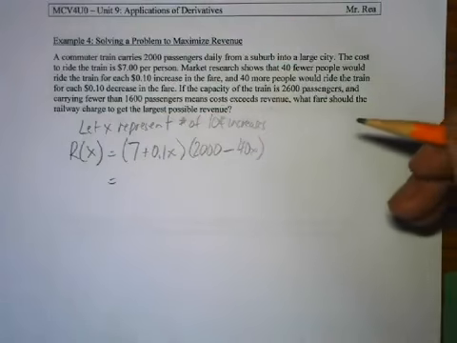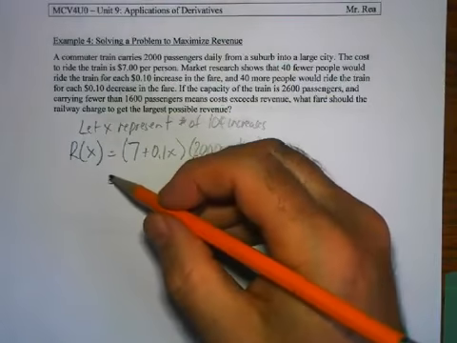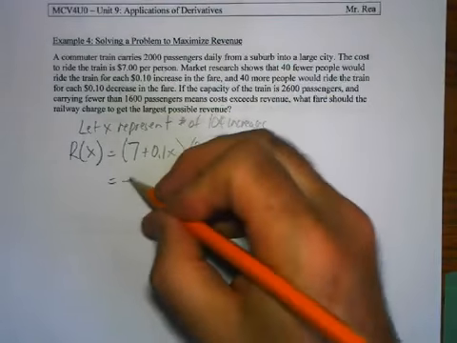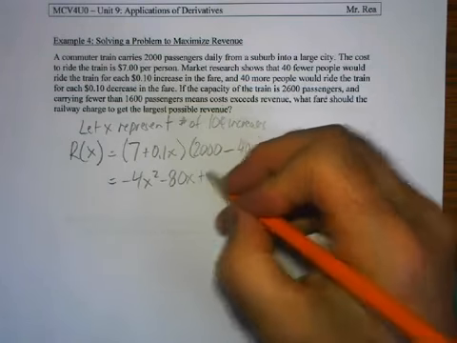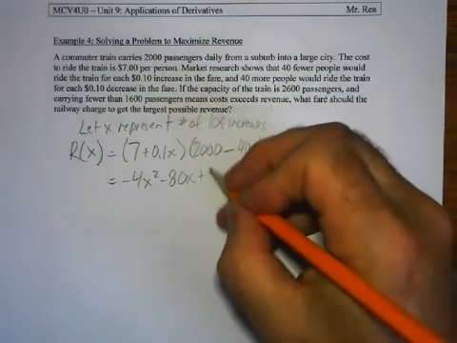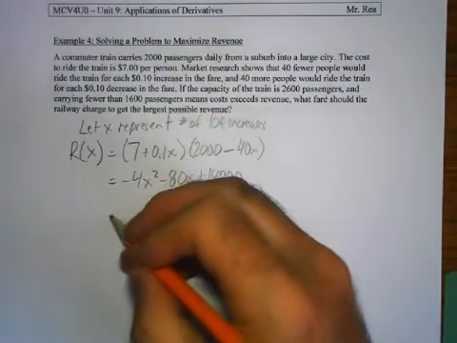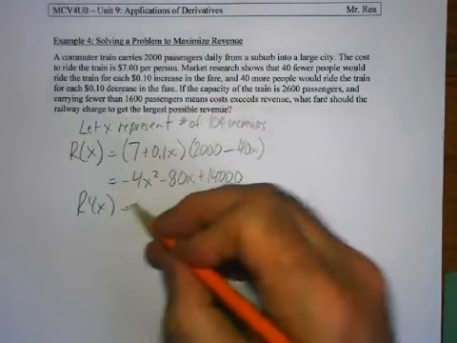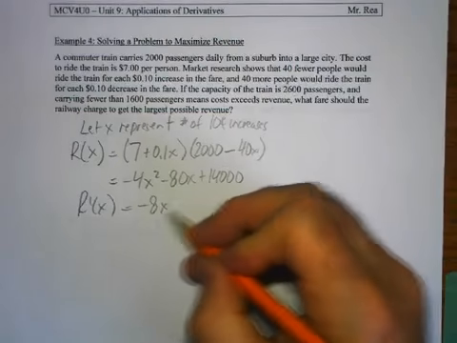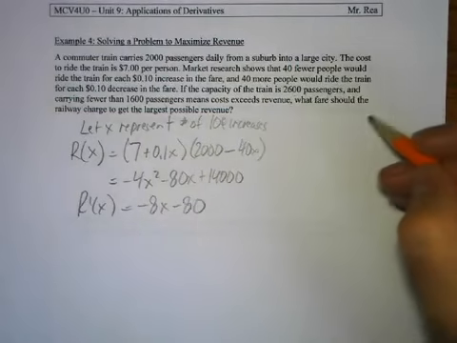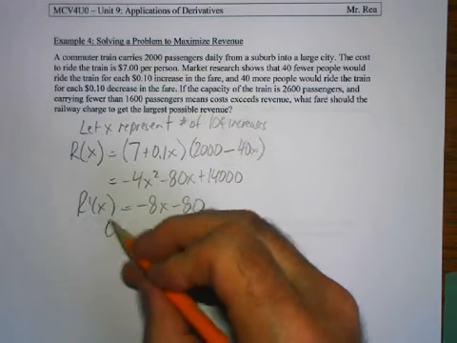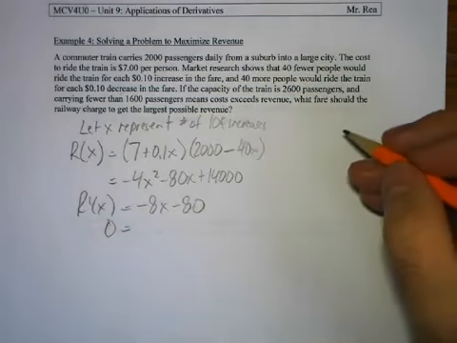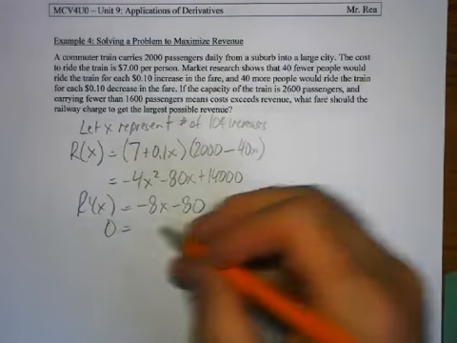But if we expand, simplify, we get r of x is equal to negative 4x squared minus 80x plus 14,000. And if we take the derivative, not too hard, negative 8x minus 80, set that to 0, and well, I guess I have to write this again.